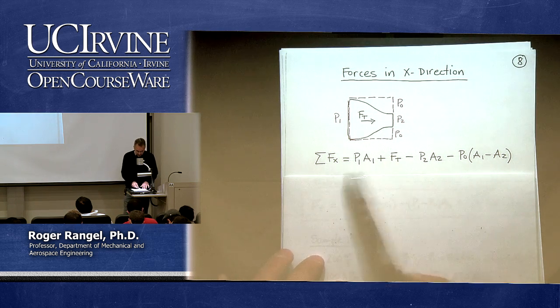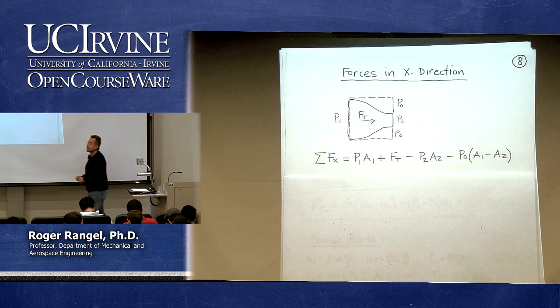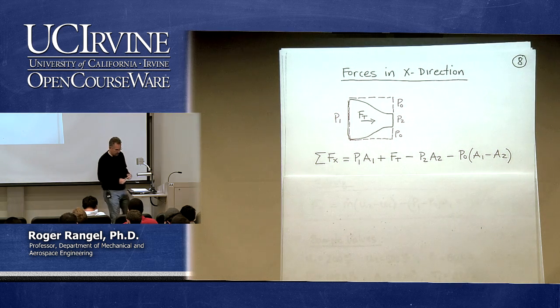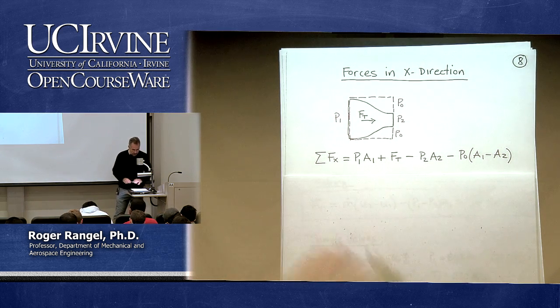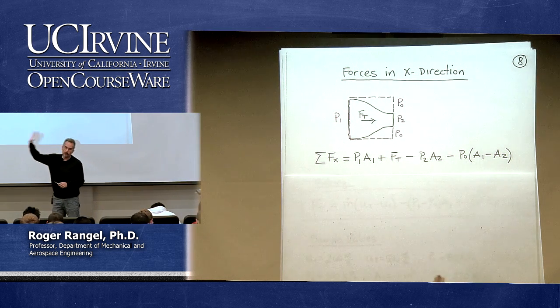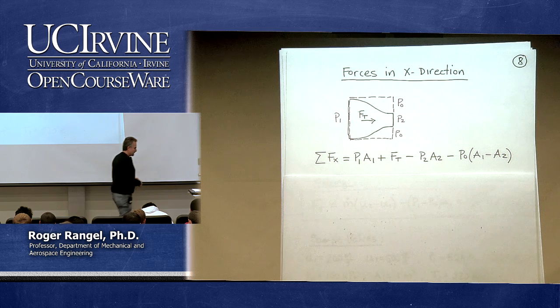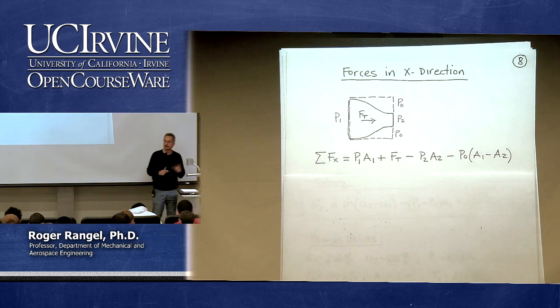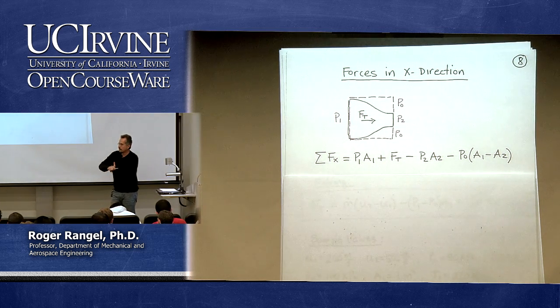And then there are the pressure forces there. So let's see how I came up with those values. P1A1 is easy, because A1 is the front area, the inlet, and so the pressure there times the area of the inlet gives me that force.